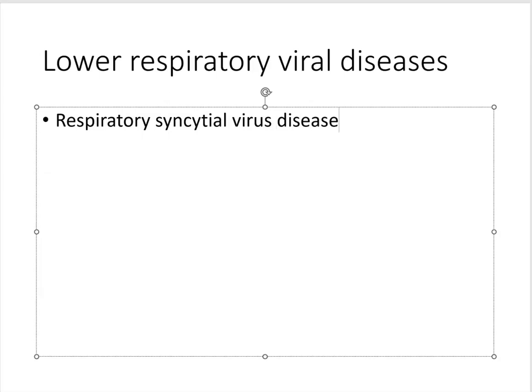It's just named after the virus that causes it, the respiratory syncytial virus. It is very risky for babies. So this is the most common cause of pneumonia and might be the most common reason for hospitalization in children under the age of 1.